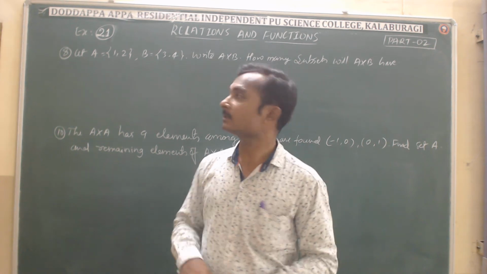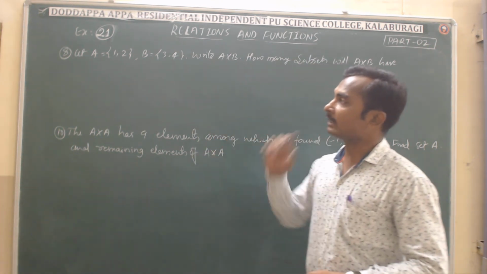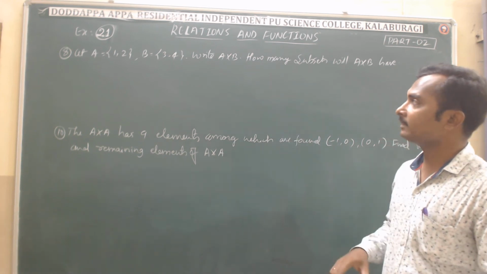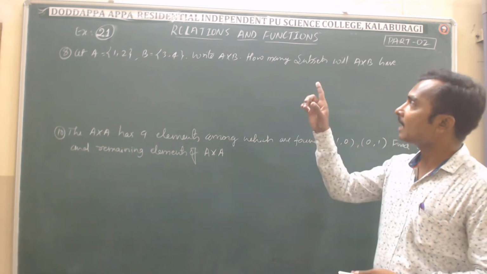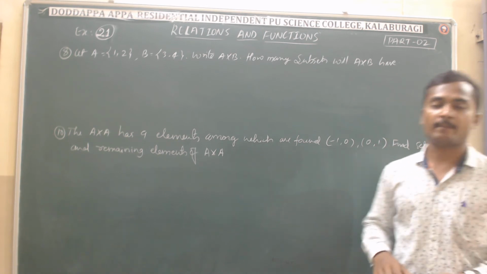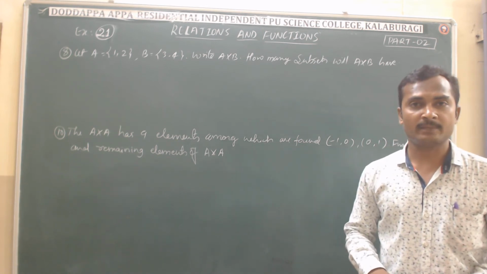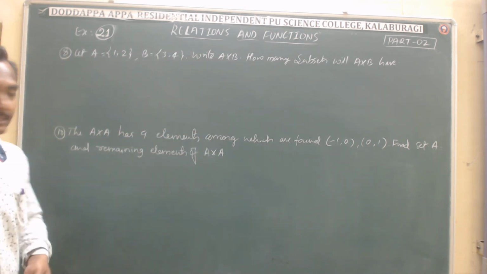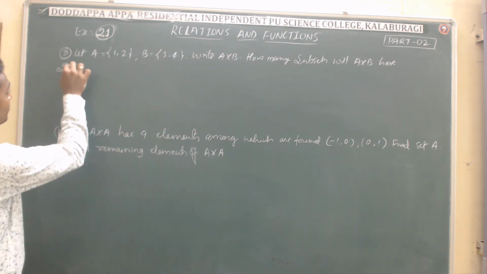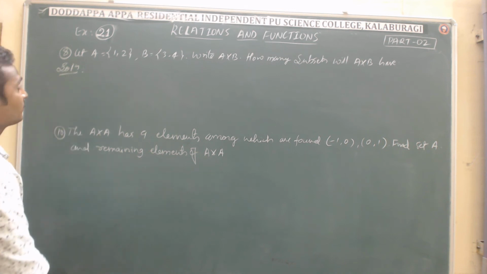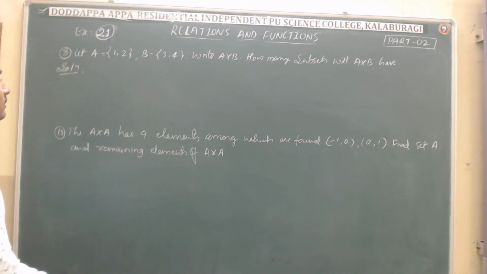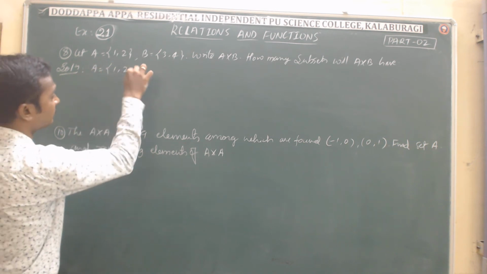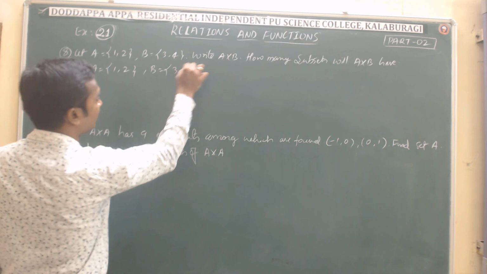Next, the 8th one is: let the set A equal 1 comma 2, and set B equal 3 comma 4. Write the Cartesian product A cross B. After that, how many subsets will A cross B have? Let us solve this. The solution: given that the set A is 1 comma 2 and the set B is 3 comma 4.